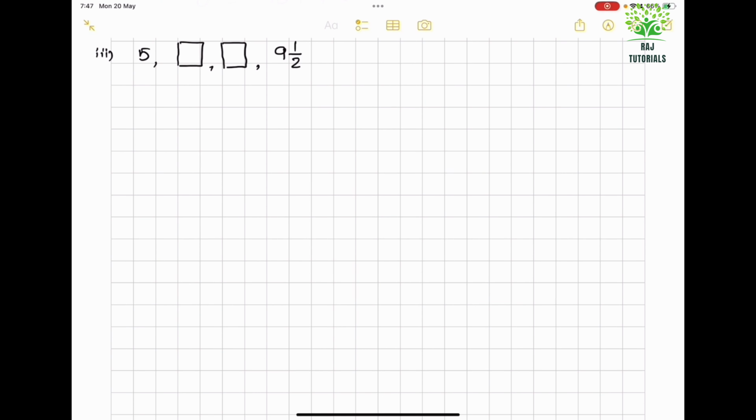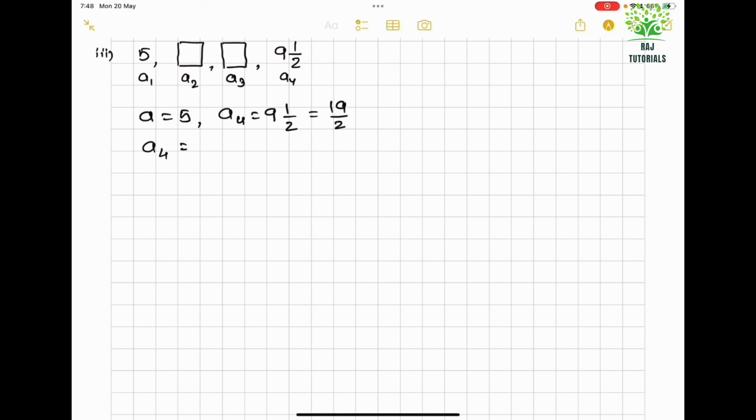The next one is 5, box, box, 9 and a half. So this is a_1, a_2, a_3, a_4. So here a equals 5, a_4 equals 9 integer 1 by 2. So that will be 19 by 2.